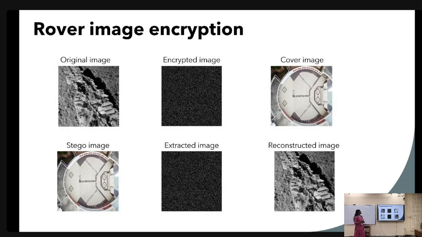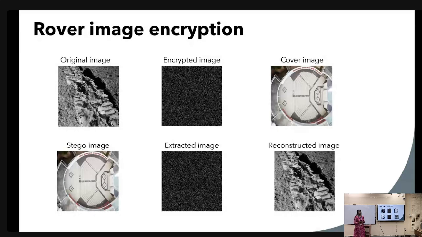The original image is encrypted using AES and chaotic based encryption, so the encrypted image looks like a corrupted form. Then the cover image is an aerial view of our amphitheater. The encrypted image is embedded on the cover image, and that's how we get our stego image. That completes the transmitter part.